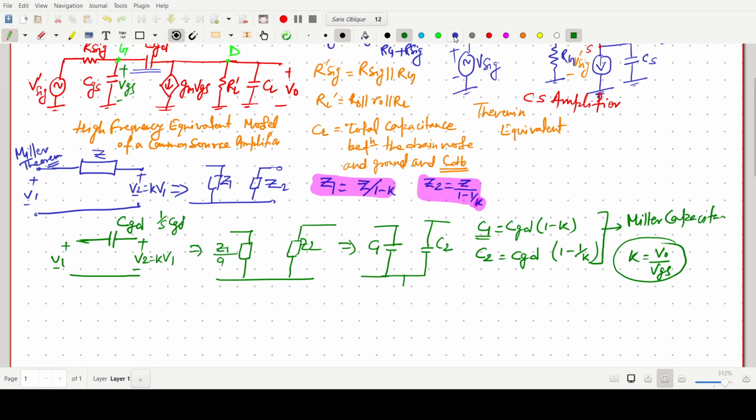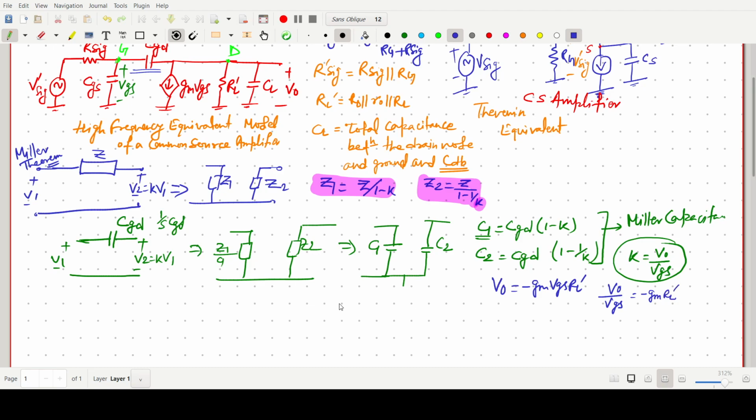And one more thing, that this V0 is minus GM VGS into RL dash. In general, we are now neglecting this capacitance for the simplification purpose. So V0 equals minus GM VGS RL dash. So we can say the gain V0 by VGS equals minus GM RL dash.